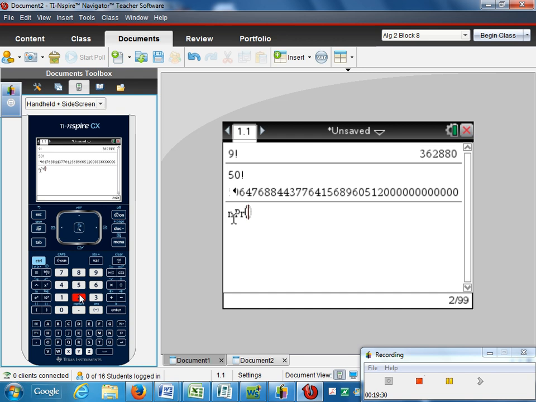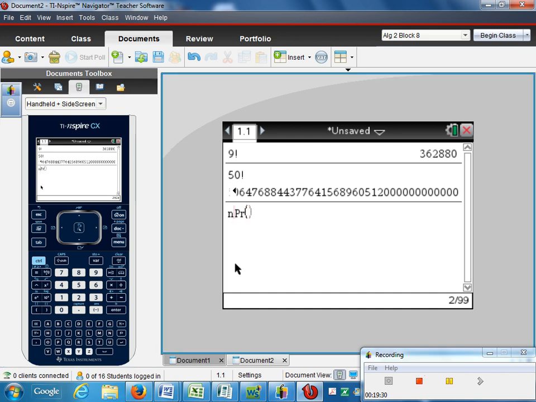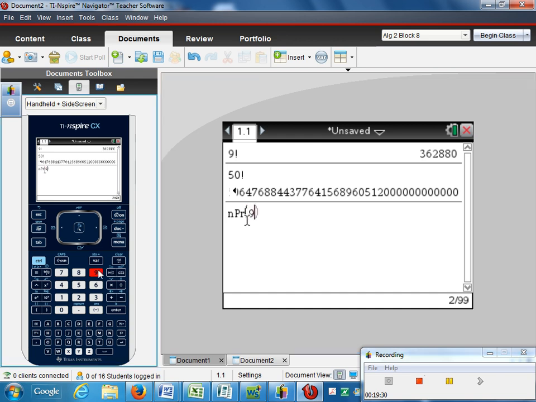All right. This is what I don't like. Instead of nPr, they could have left you little boxes and you could fill in the n and the r yourself, but they didn't do that. They write nPr and then they write a parenthesis, and they want you to put in the parenthesis the two numbers that you want. So in this case, we were doing 9 things, but we were only choosing 6 cheerleaders at a time.